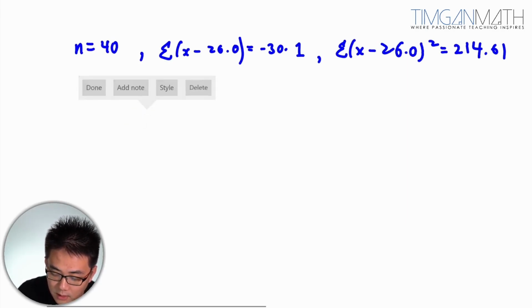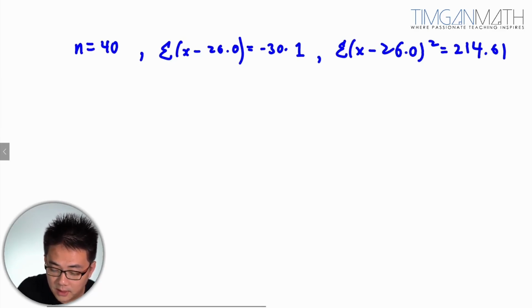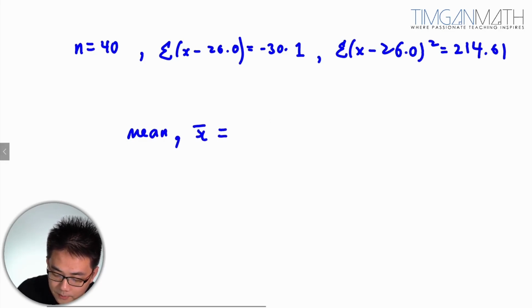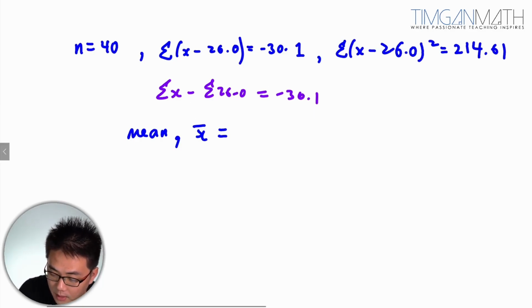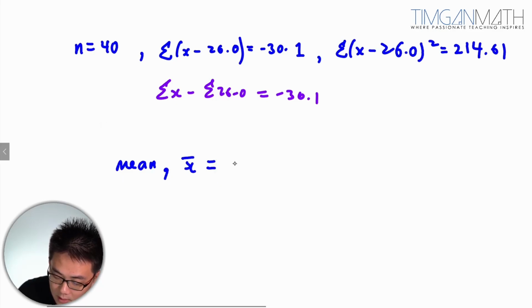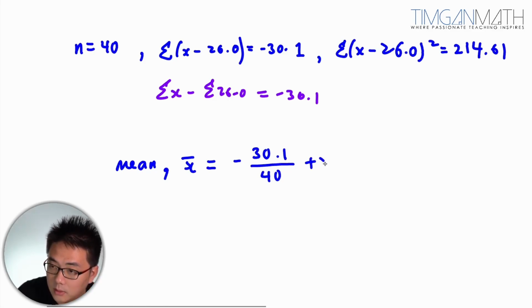Once that's done, what we're going to do is find the X bar. If you're confused, we can just expand this out. This will be summation of x minus summation of 26. So X bar will be negative 30.1 divided by 40 plus 26.